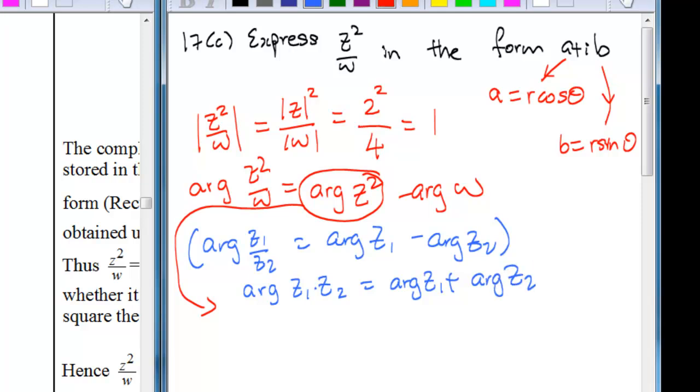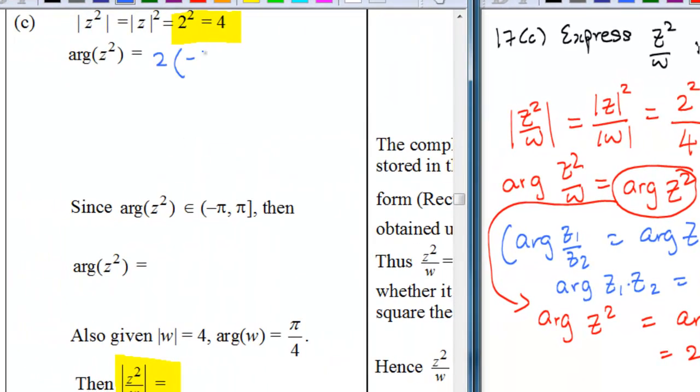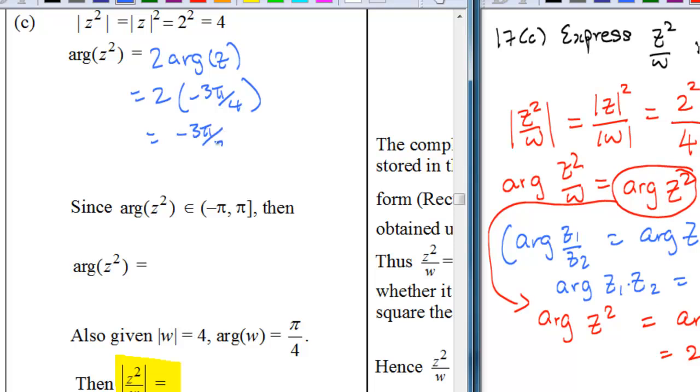With these two concepts, we know that the argument of z squared will be the argument of z plus the argument of z. So that is 2 times the argument of z. So it's 2 times negative 3 pi over 4, which will simplify to negative 3 pi over 2.